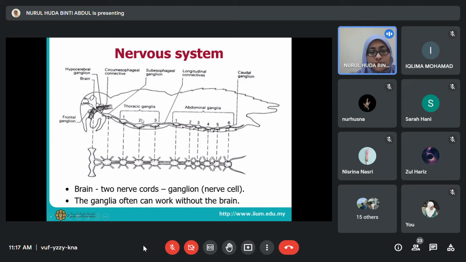Okay, so they have a ganglia is like a small brain, okay, throughout the body. But the true brain is actually on the head lah kan. So because of this ganglion or the ganglia can work without the brain.